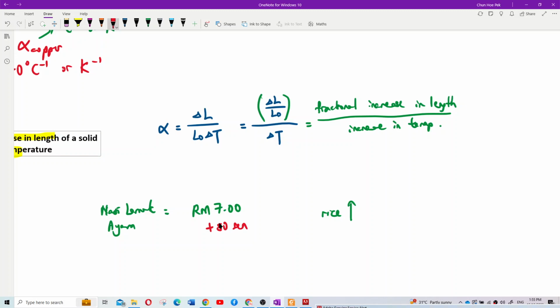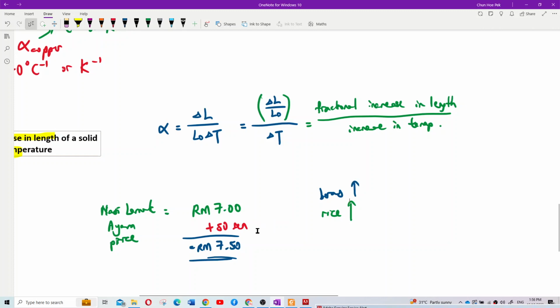So how much is the final price right now? RM 7.50. When the price has gone up, it never goes down. Any consumer price that goes up never goes down again. That's the reality of life. So, how much is the fractional increase in the price of one plate of nasi lemak? This is the nasi lemak ayam price, 7 ringgit, but now because the rice price has gone up.